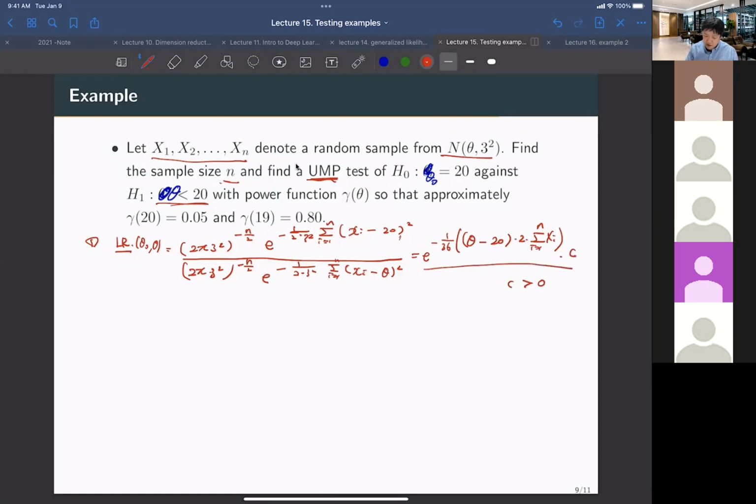So C includes e to the minus 1 over 36 times 6 sigma, like 40 square or theta square, these terms will be there.